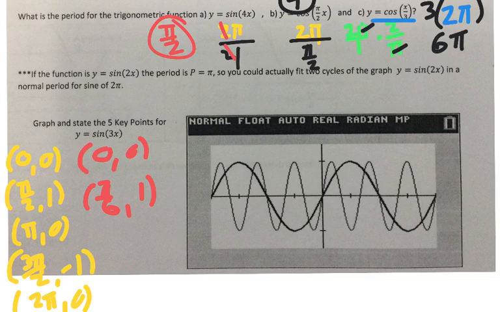Pi divided by 3 is pi over 3. 3 pi over 2 divided by 3 is pi over 2. 2 pi divided by 3 is 2 pi over 3.